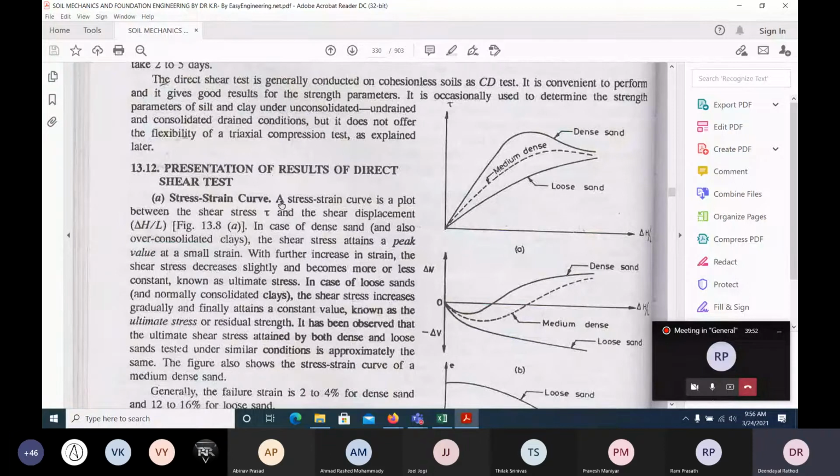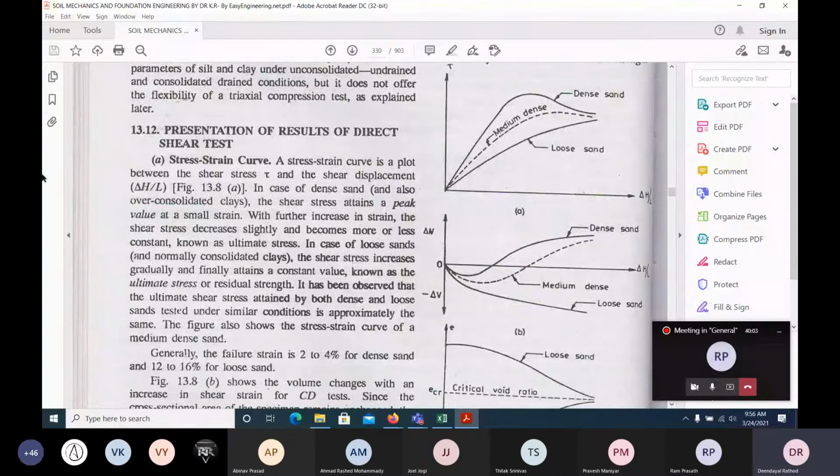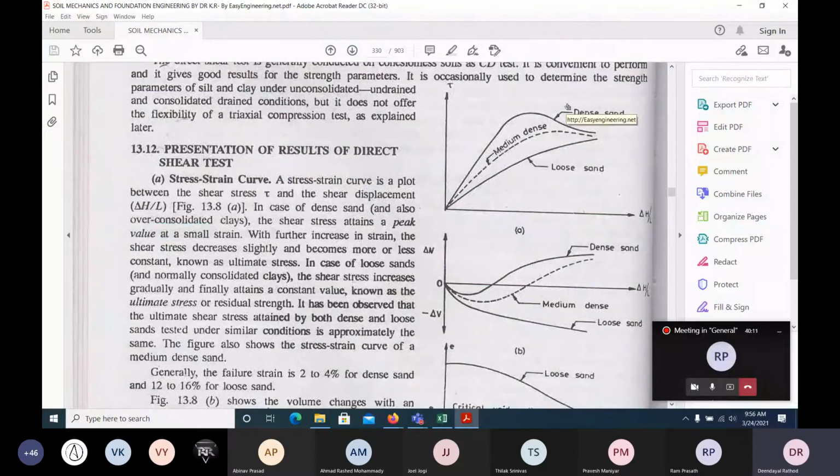A stress strain curve is plotted between the shear stress and the shear displacement, dH by dL. So in the case of dense sand or an over consolidated clay, the shear stress attains a peak. When you draw these graphs, vertical would be shear stress and the horizontal would be shear strain or shear displacement.